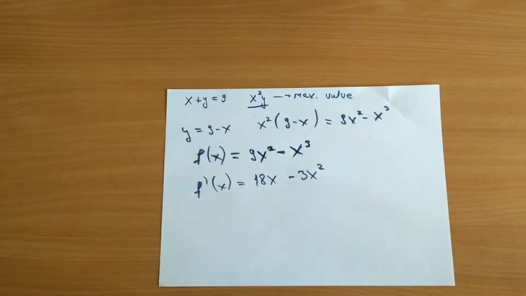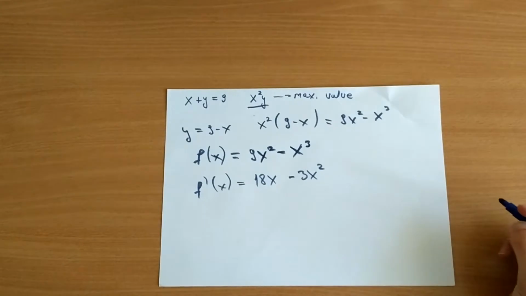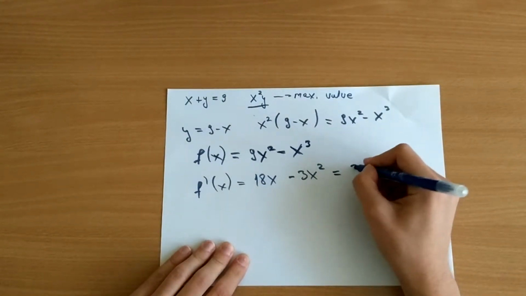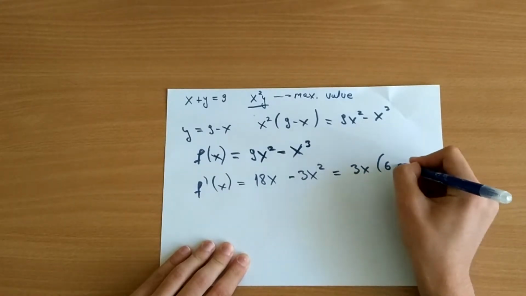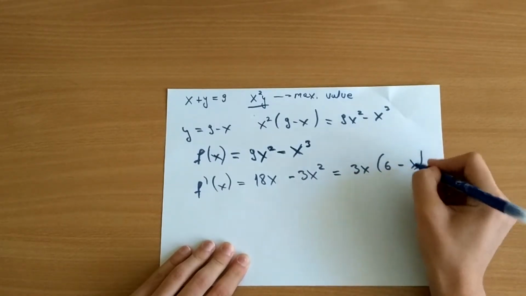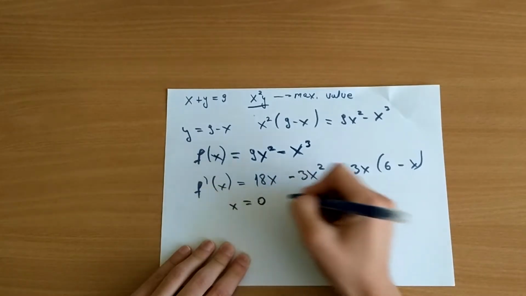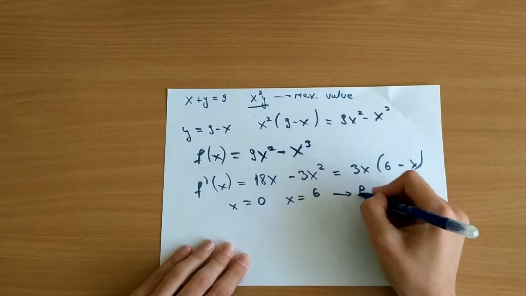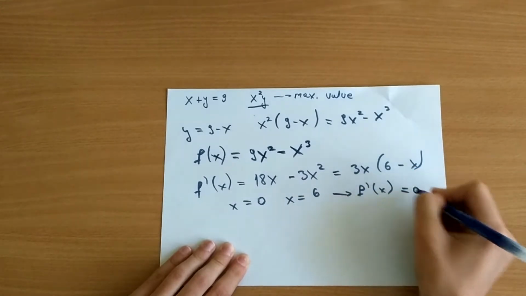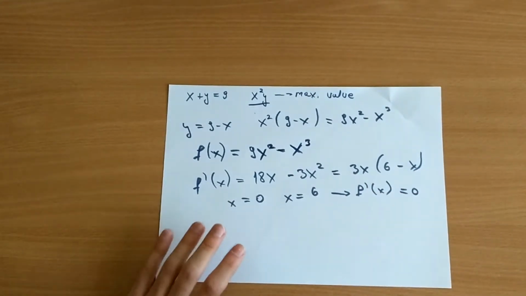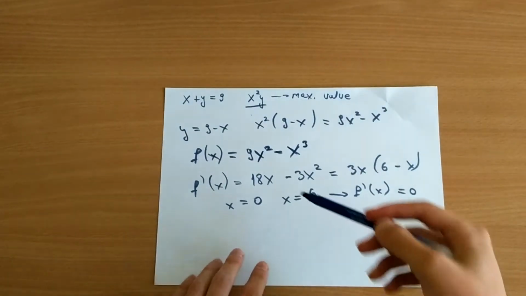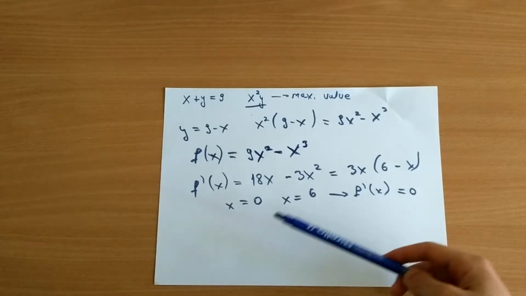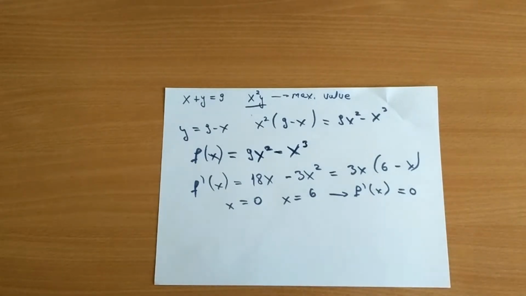So this function cannot be undefined. So where does f prime of x equal 0? Well, let's factorize it: 3x times 6 minus x. So when x is equal to 0 and x is equal to 6, we will get that f prime of x is equal to 0. Okay, so these are the critical points, since the first derivative is equal to 0 when either x is equal to 0 or when x is equal to 6.